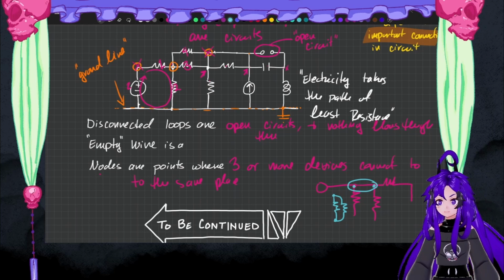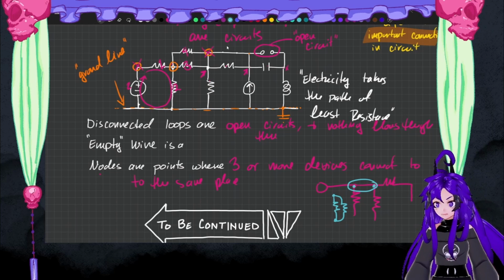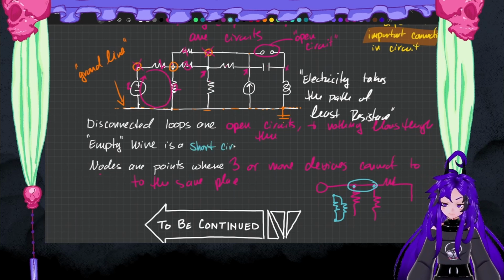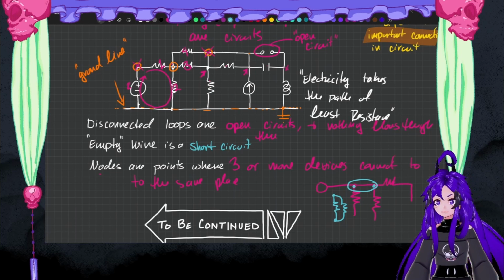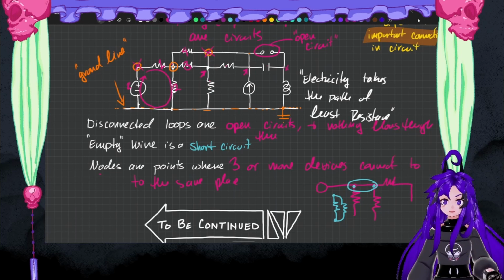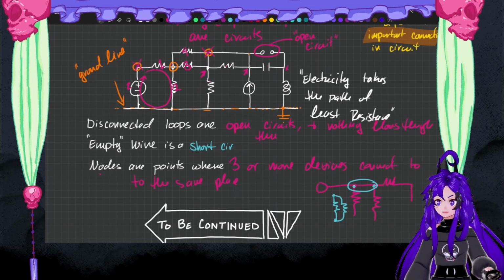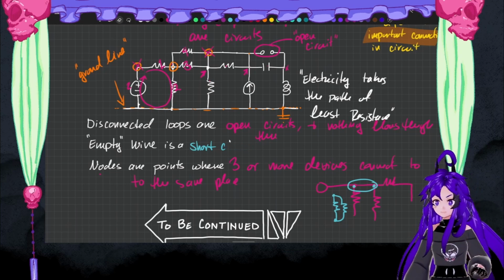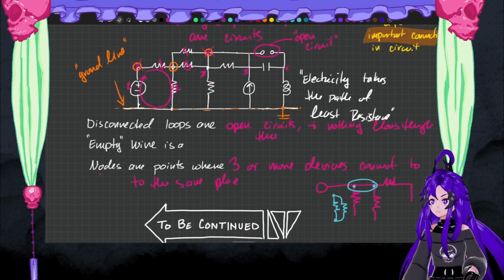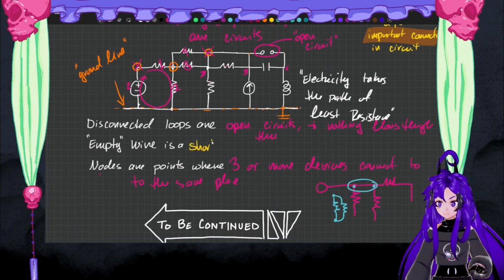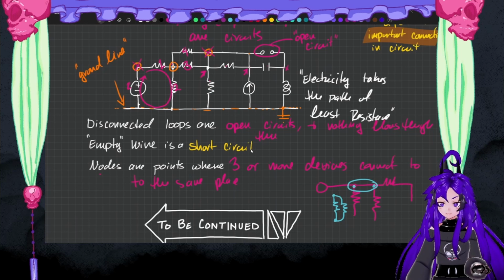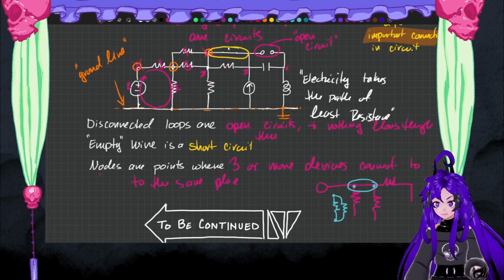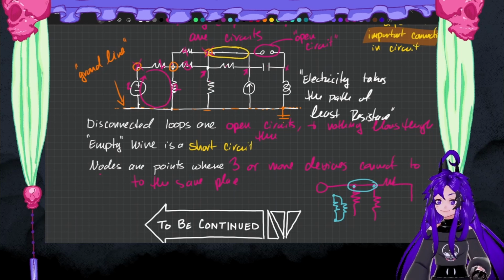So for now, though, in this specific circuit, an empty wire is called a short circuit. It is a short circuit here because there's nothing happening.